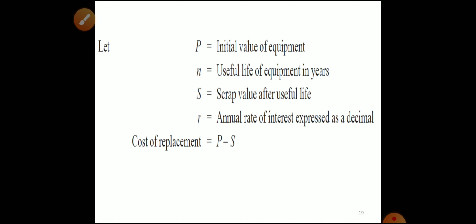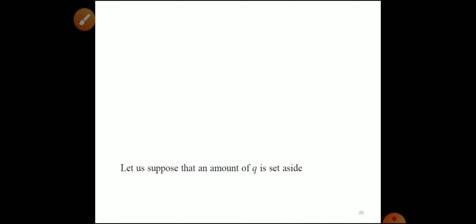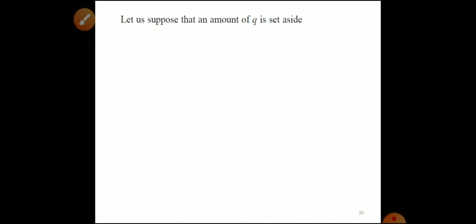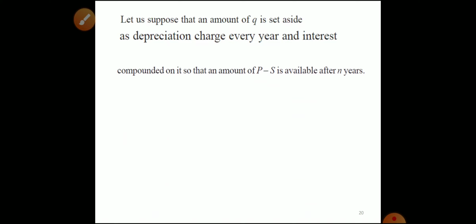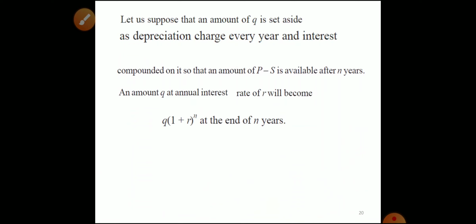Cost of replacement will become P - S. Let us suppose that an amount Q is set aside as depreciation charge every year and interest is compounded on it, so that an amount P - S is available after n years. An amount Q at annual interest rate R will become Q(1 + R)^n at the end of n years.